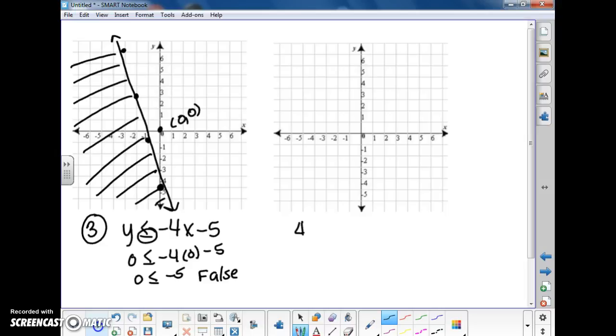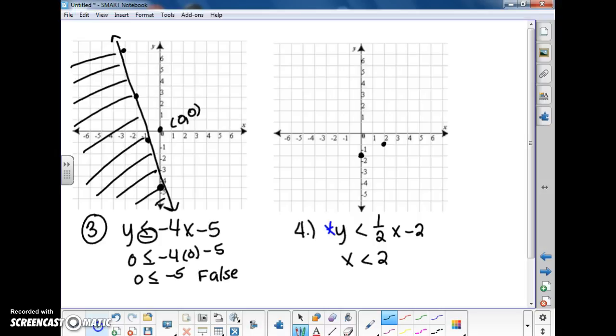Number 4 is what we call a system of linear inequalities, and all that means is there's more than one. So we have 2 inequalities. We call that a system. I just take them one at a time. So I'll start here. I'll begin at negative 2. Up 1 to the right 2.